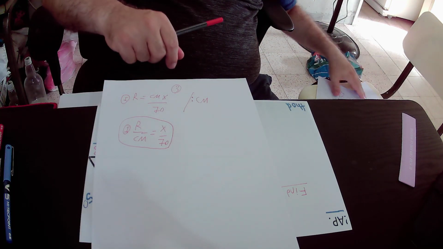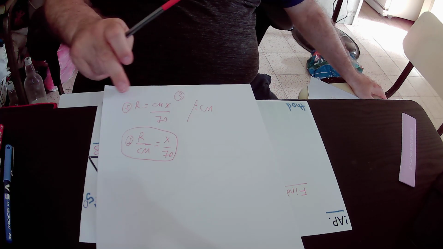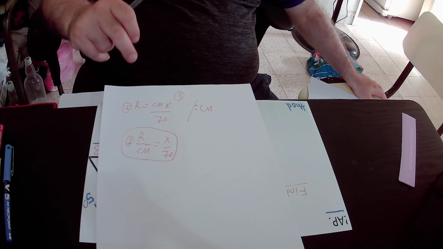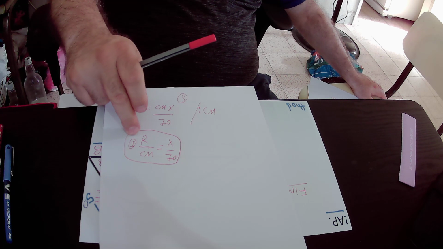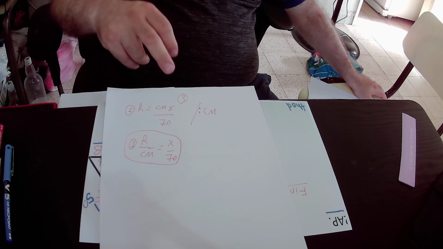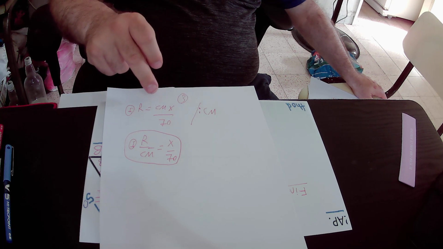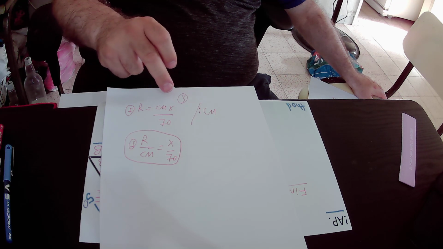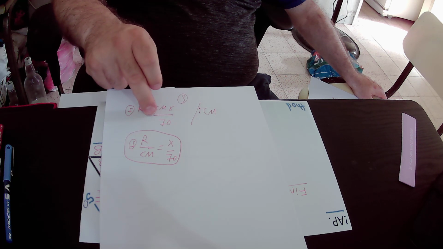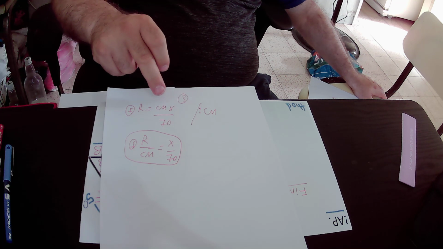I repeat again, we divided both sides of this equation by CM. R divided by CM equals r over CM, and CM over 70 times x divided by x equals CM times x over 70 divided by CM, so CM divided by CM equals 1.